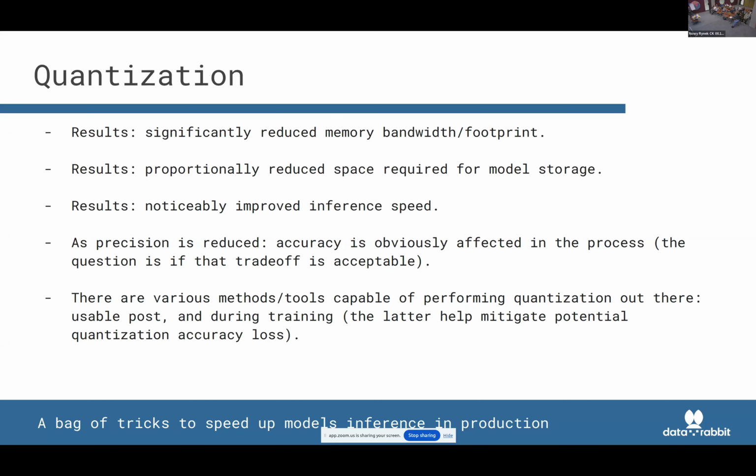For example, we had two cases. In one, a segmentation model, some visual model, we simply started utilizing FP16 instead of the original one, and no difference in results, nothing visible whatsoever.